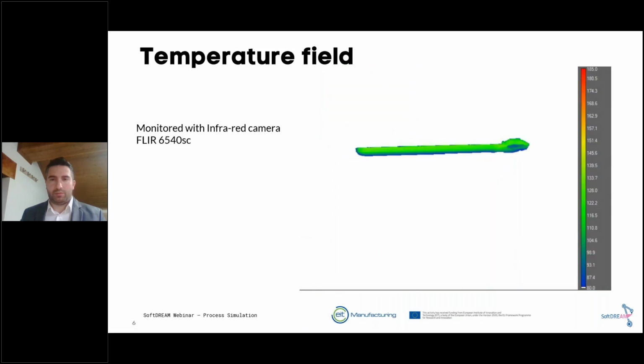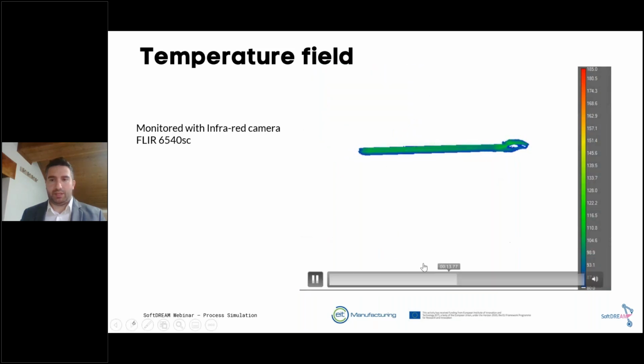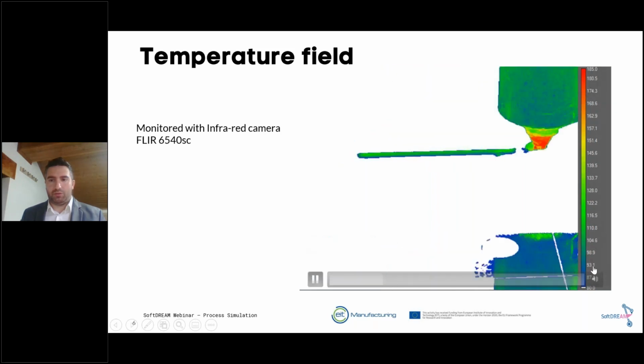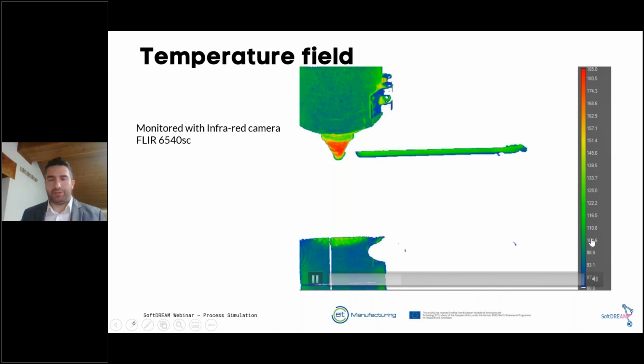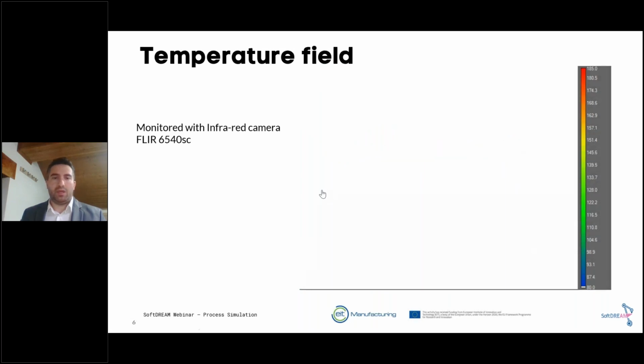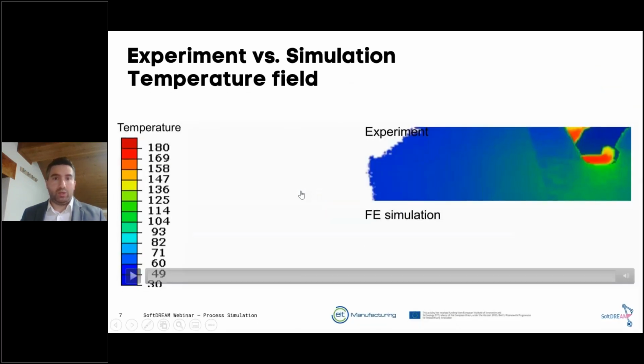So yeah, you can see that the temperature goes from 180 degrees when it's printed to lower, in the range of 130 seconds after. So then we simulate this, and here you can see the comparison between what you saw before in the test and the simulation.